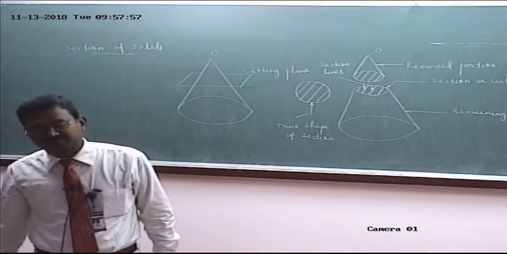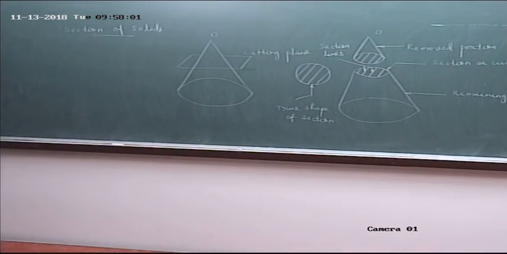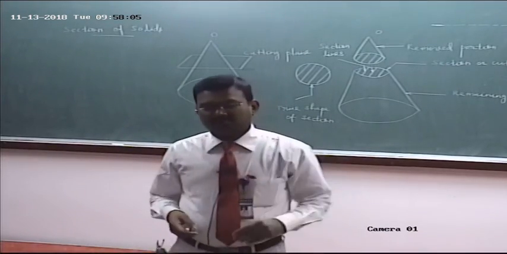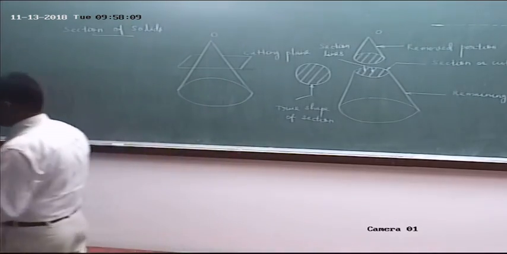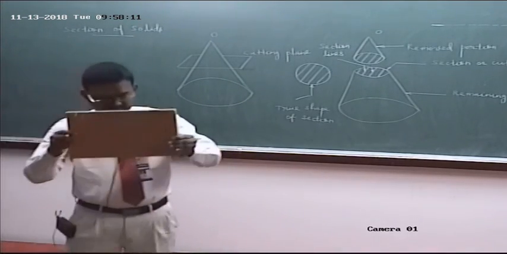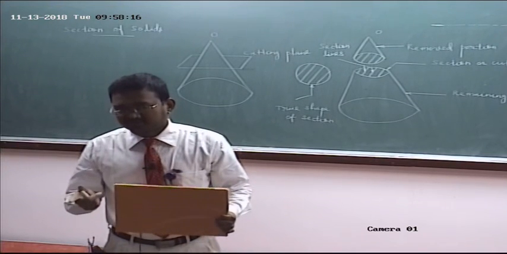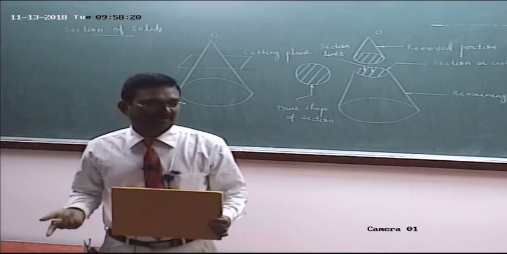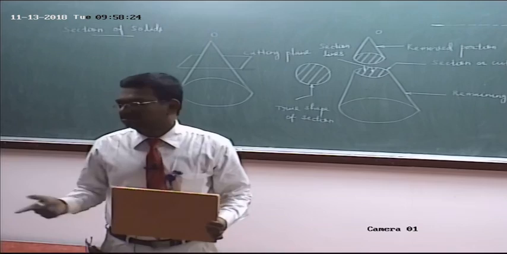What are the types of cutting plane? There are 5 types. The cutting plane can be positioned with reference to VP and HP in 5 positions. First one: the cutting plane is kept perpendicular to HP, parallel to VP. So what I told you: the cutting plane is perpendicular to any one of the reference planes and parallel or inclined or perpendicular to the other reference plane.